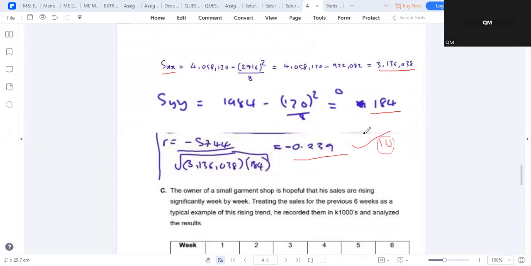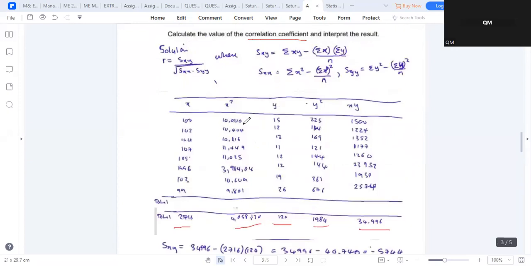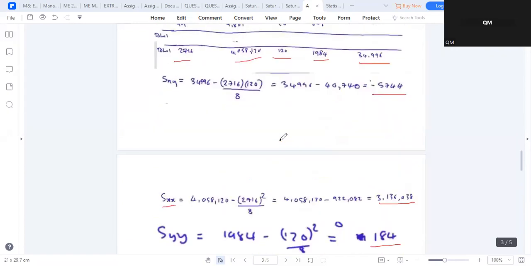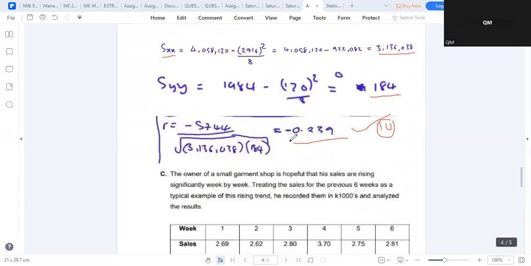He didn't even ask you to interpret. You're asked, what is the coefficient of correlation? It is this one, negative 0.239. What is the interpretation? X and Y are inversely related, or negatively related. So I told you the job of R is to measure the direction. If you get a negative, say they're negatively related. If you get a positive, they're positively related.